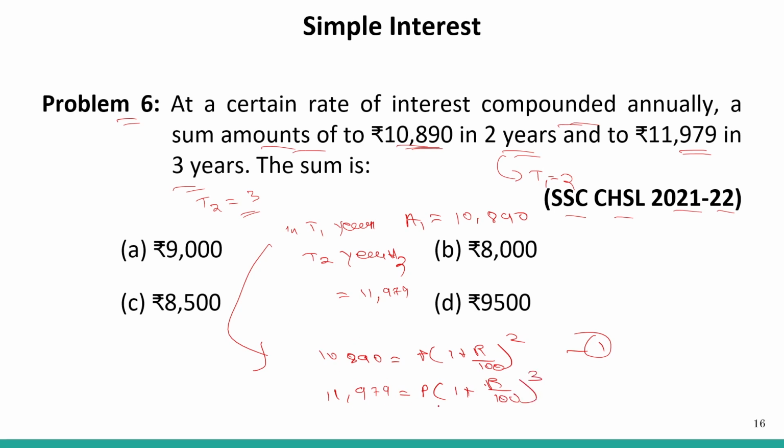So let's do one thing: divide equation 2 by equation 1. So 11,979 by 10,890 is equal to 1 plus R by 100 power 1. This implies that 1.1 is equal to 1 plus R by 100.